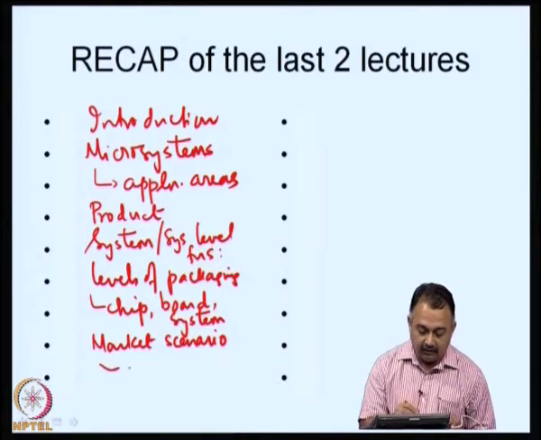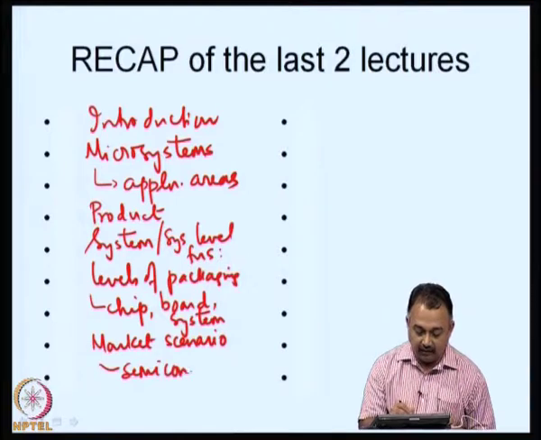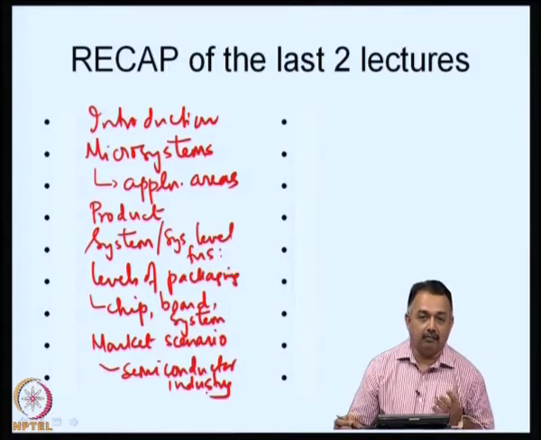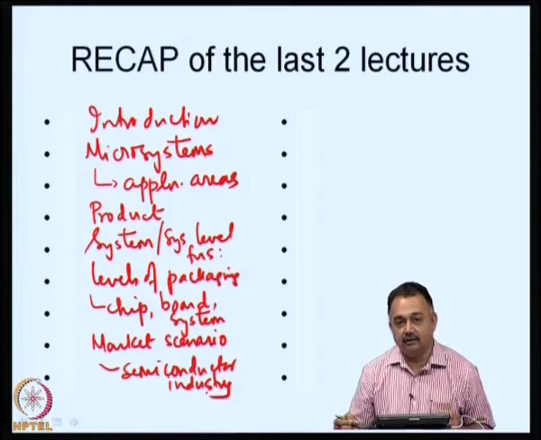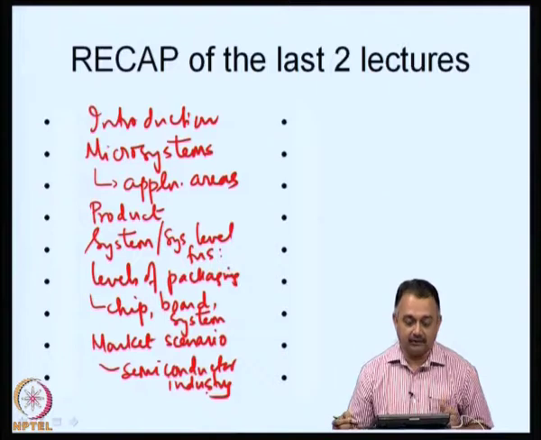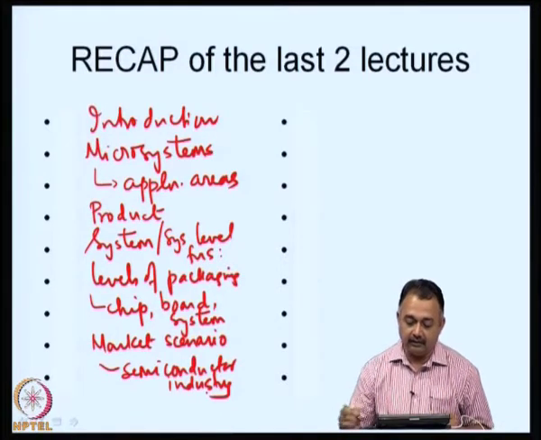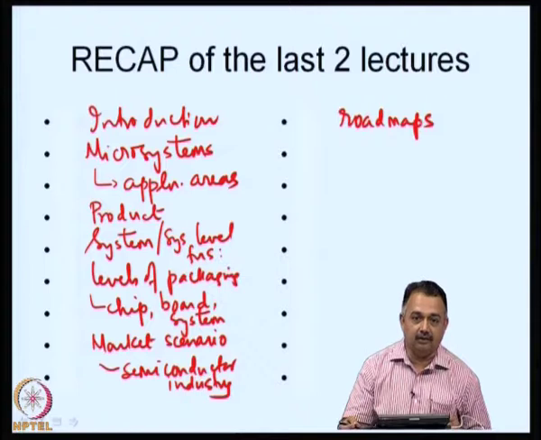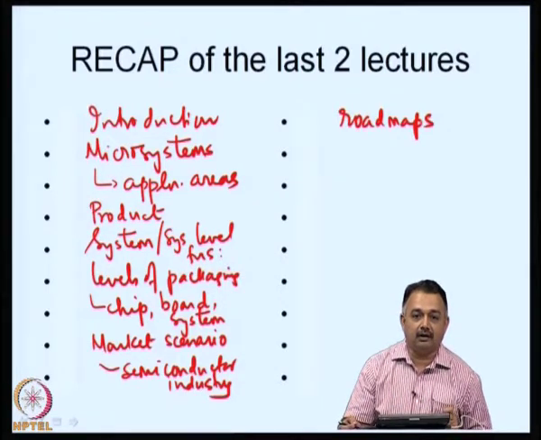We have also seen the growth of the semiconductor industry, because if you talk about packages and packaging, the starting point is your device, chip or a bare die, and how the die is going to be packaged. So, we need to be on the same page with the semiconductor industry today, and in that context we have seen roadmaps. I have been stressing that roadmaps are very essential today to understand the growth of the semiconductor industry.